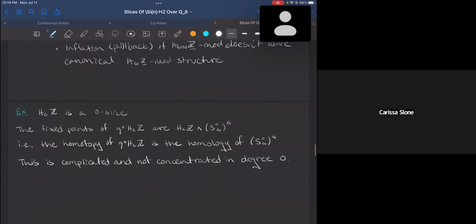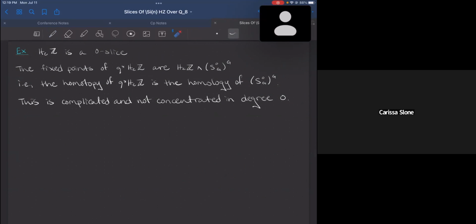So for example, if we take HZ, that's a zero slice. It's an Eilenberg-MacLane spectrum with homotopy concentrated in degree 0. Those are precisely the zero slices. Now using the projection formula, if we pull back HZ to G, its fixed points are HZ smashed with the fixed points of the sphere spectrum, i.e. the homotopy of this pullback is the homology of the fixed points of the sphere spectrum.